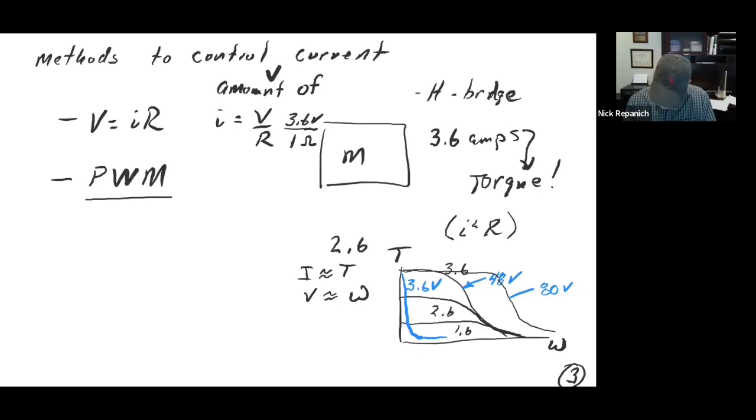PWM. I want to do the H bridge real quick because I think you've got to use that and show you what's key about this. So an H bridge is basically a series of transistors. I could draw them as switches. I'm going to undo that.